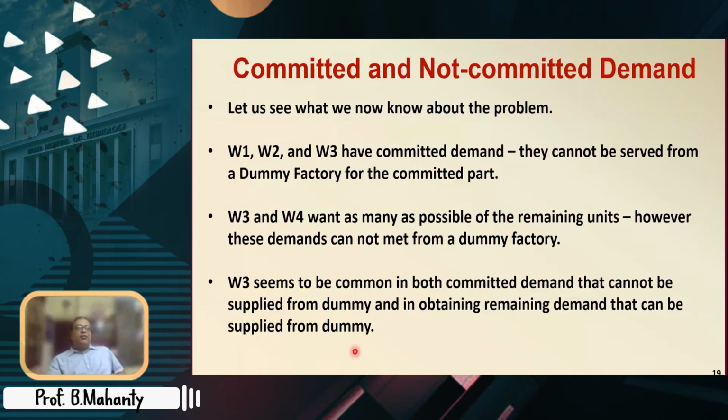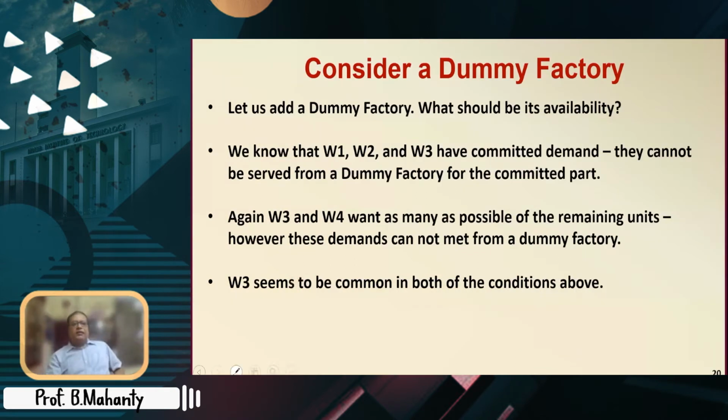Okay, is there a comment? So we'll see that. But first of all, can you see that W3 seems to be common in both: committed demand that cannot be met from the dummy? So W3 has got two parts actually. One is the committed part. Another is as much as possible of the remaining units. So suppose we add a dummy factory.